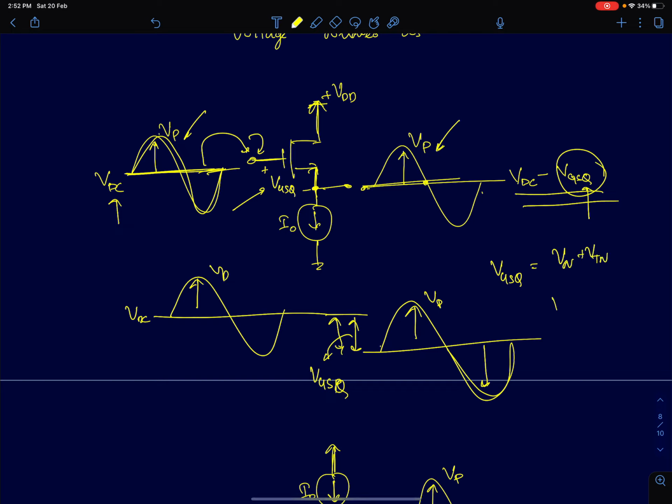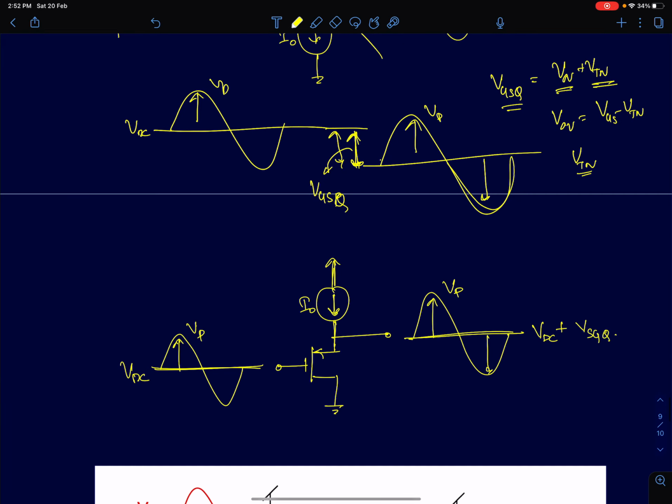I have introduced the term called overdrive voltage, which is VGS minus VTN. So generally we can write VGS in terms of overdrive voltage and the threshold voltage as the sum of VOV plus VTN. So this DC level that's getting shifted will always be greater than the threshold voltage of the NMOS device here.